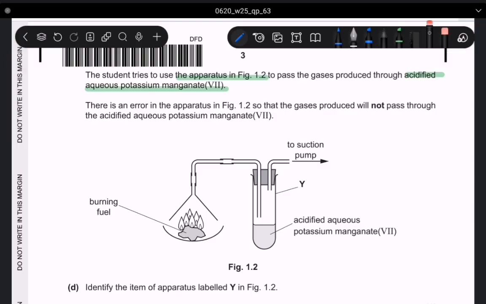Now let's see what this question is asking. There is an error in the apparatus in figure 1.2 so that the gases produced will not pass through the acidified aqueous potassium manganate(VII).